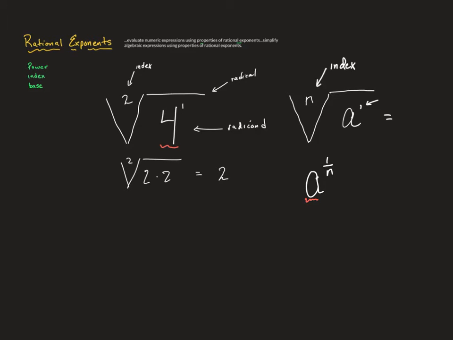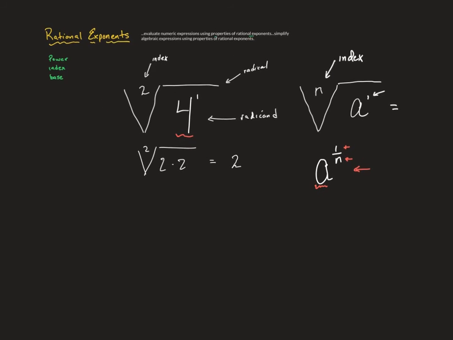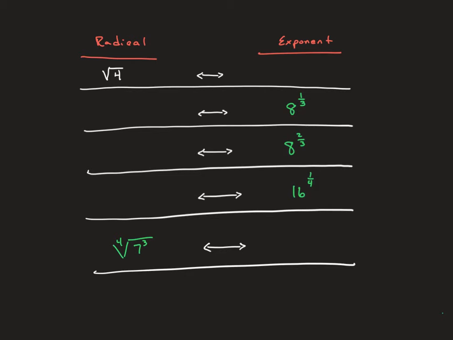So in order to convert from this rational exponent, the denominator is going to become my index, and the numerator is going to be the exponent of my base, or my radicand. So we're going to do a little bit of conversions here, but it's not going to be too difficult for us.